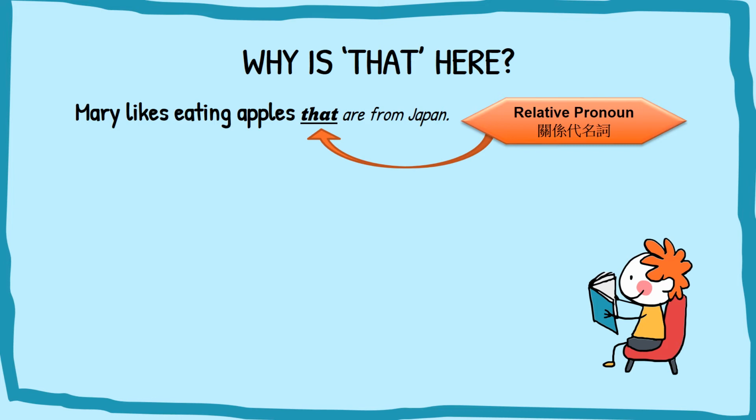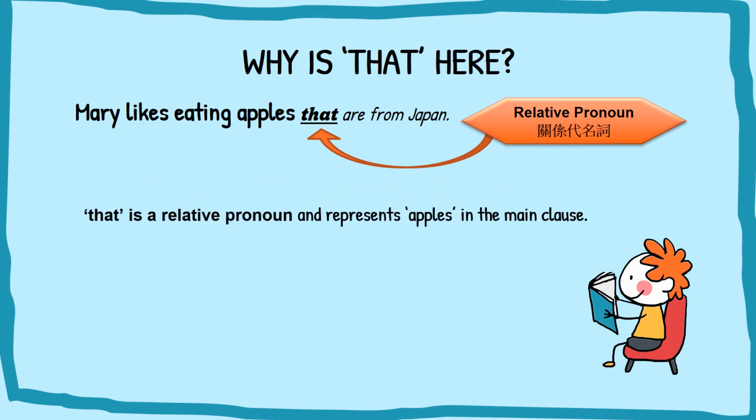Let's take a look. How about this word, THAT? What is it doing? Of course, it is a relative pronoun, and it represents apples in the main clause. Also, this word, THAT, is the subject in the subordinate clause.